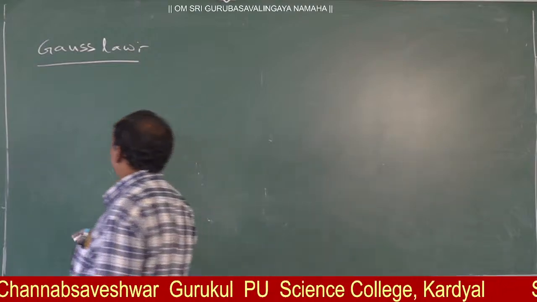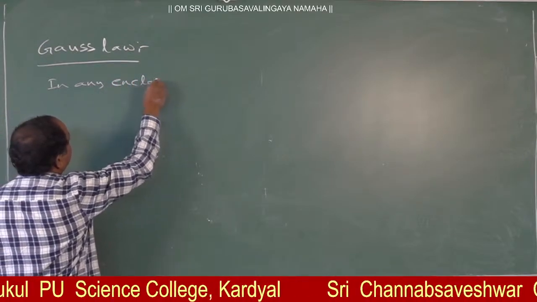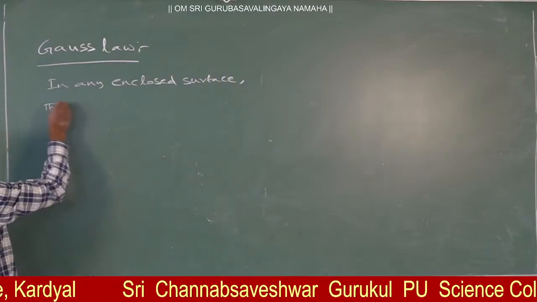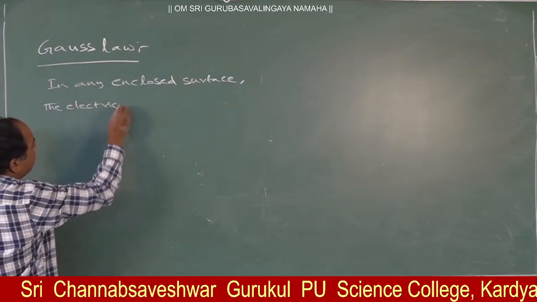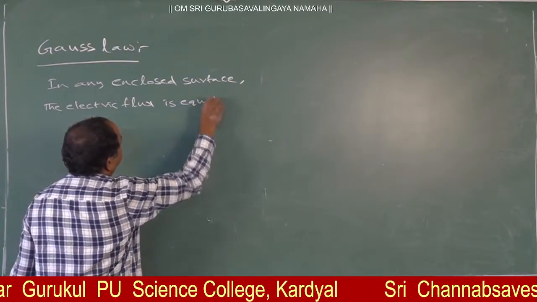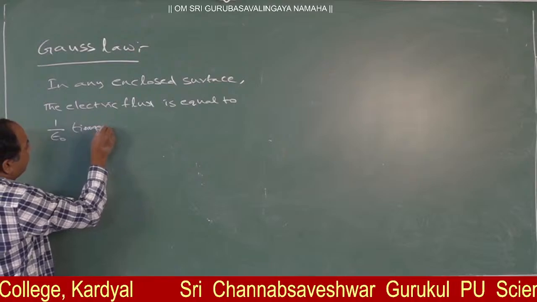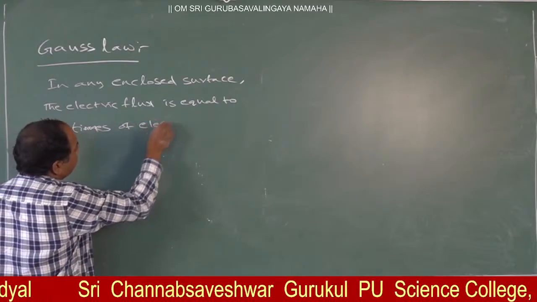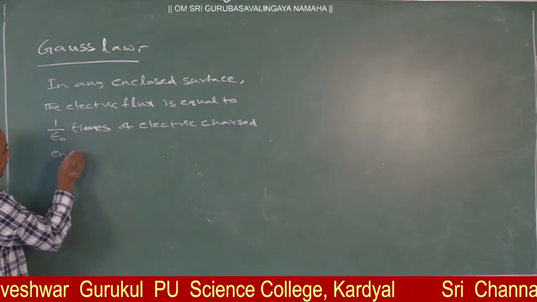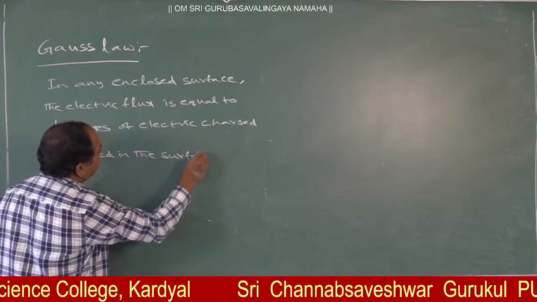Gauss law states that in any enclosed surface, the electric flux is equal to 1 by epsilon naught times the electric charge enclosed in the surface.